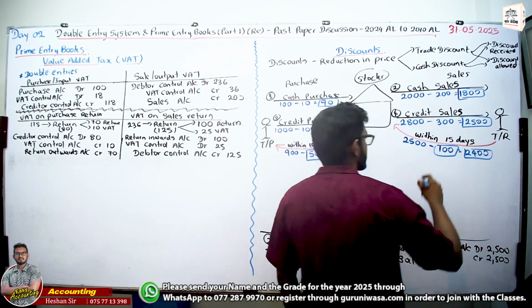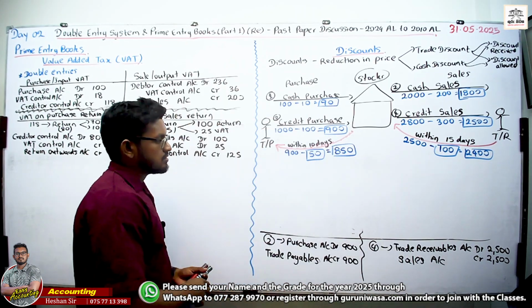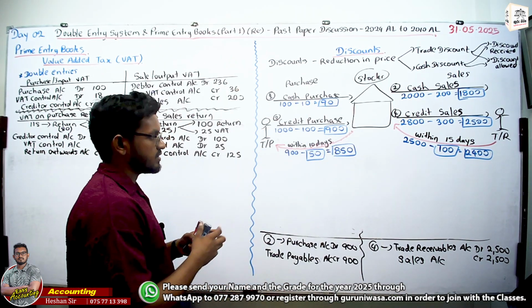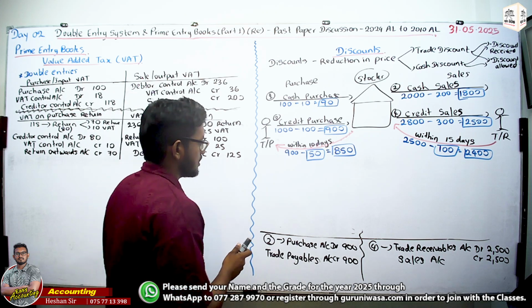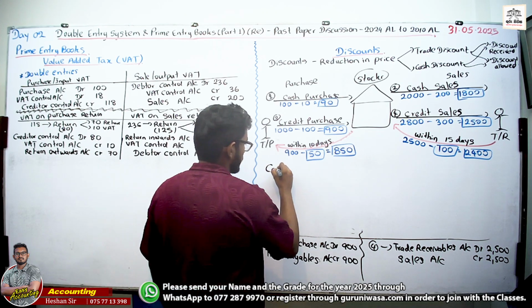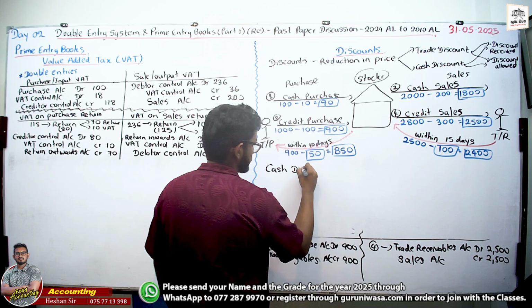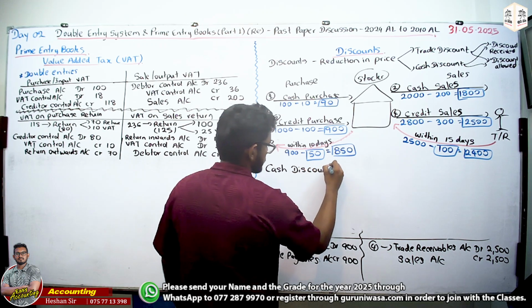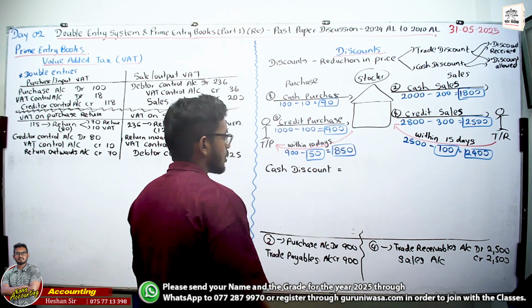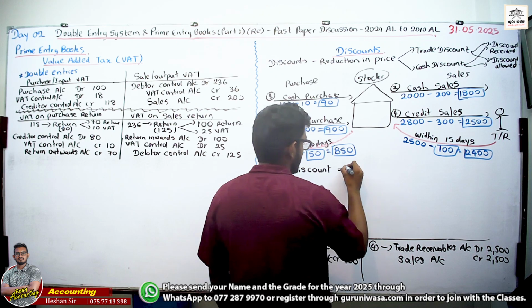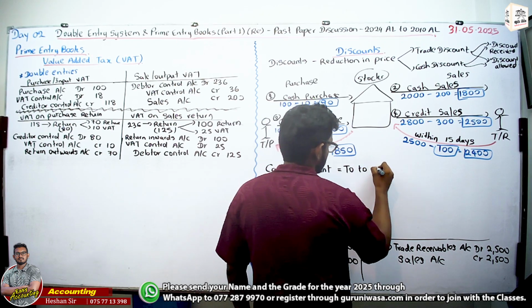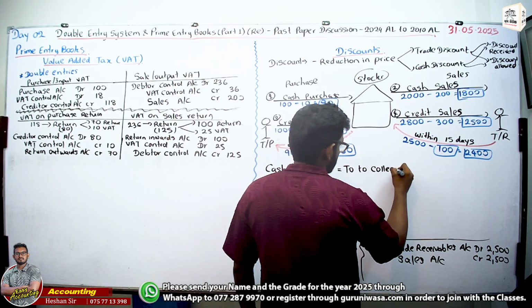Further, I'm deducting 100 from the debtor. What is a cash discount? Cash discount means to collect cash immediately.